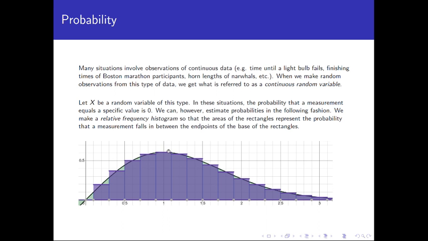When you look at this rectangle, the probability that you fall into that 0.9 to 1.1 is equal to the area of that rectangle. Similarly, for any of these, say if you want to go from 0.5 to 0.7, that area would be 0.2 times 0.5, because that's the height of that rectangle. So you would get 0.1 in that case. So the probability that you fall into that rectangle would be 0.1.